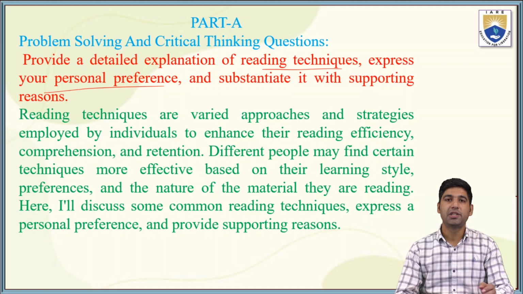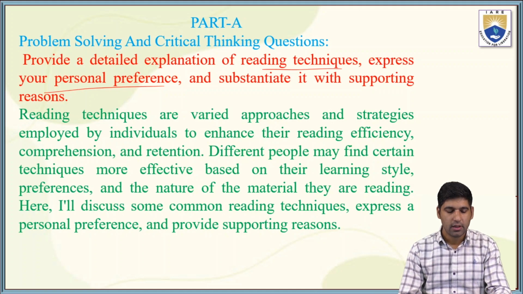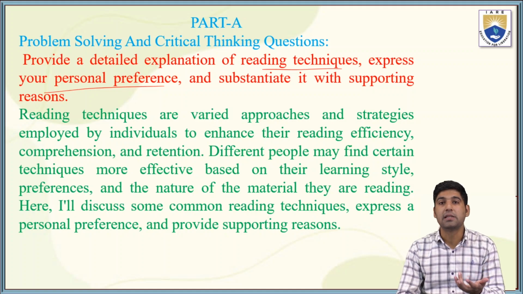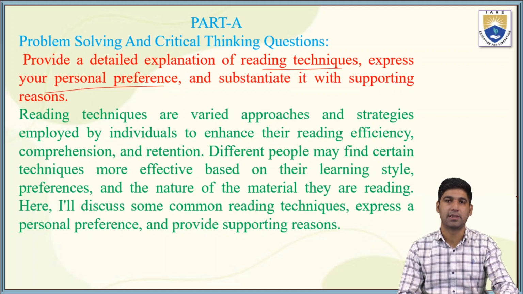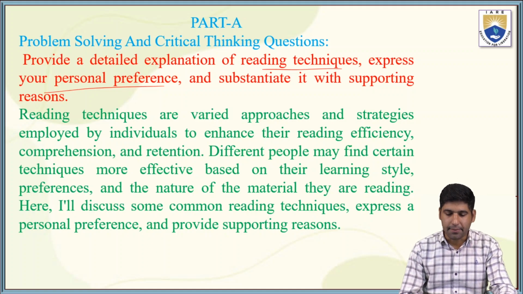Then the question asks you to express your personal preferences. What are your personal preferences? It means among all the techniques, which technique would you give preference to? Which technique do you prefer for yourself, for reading? Then, substantiate with supporting reasons.